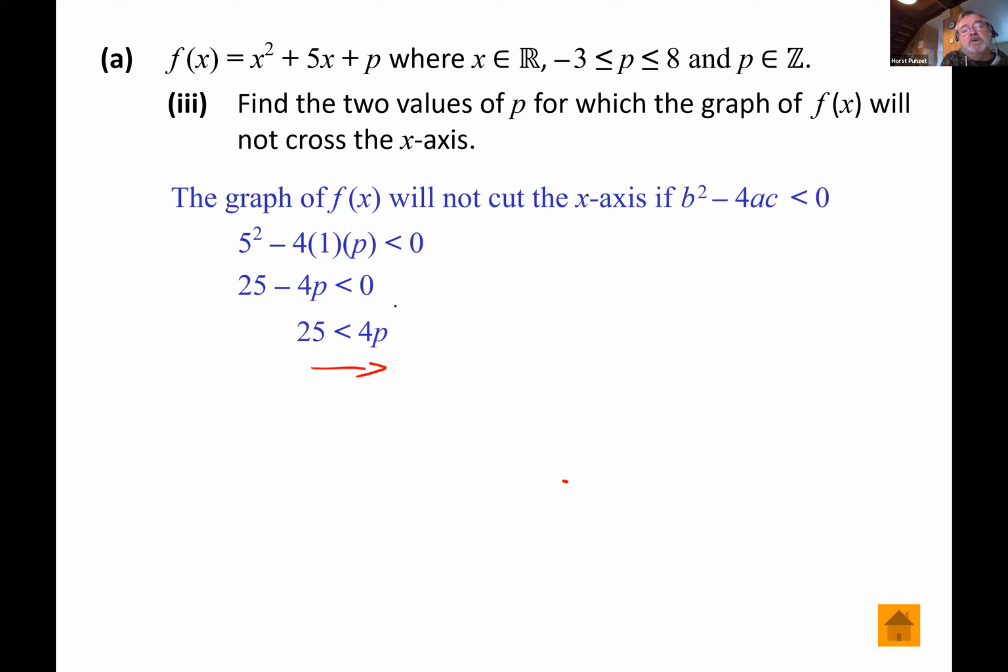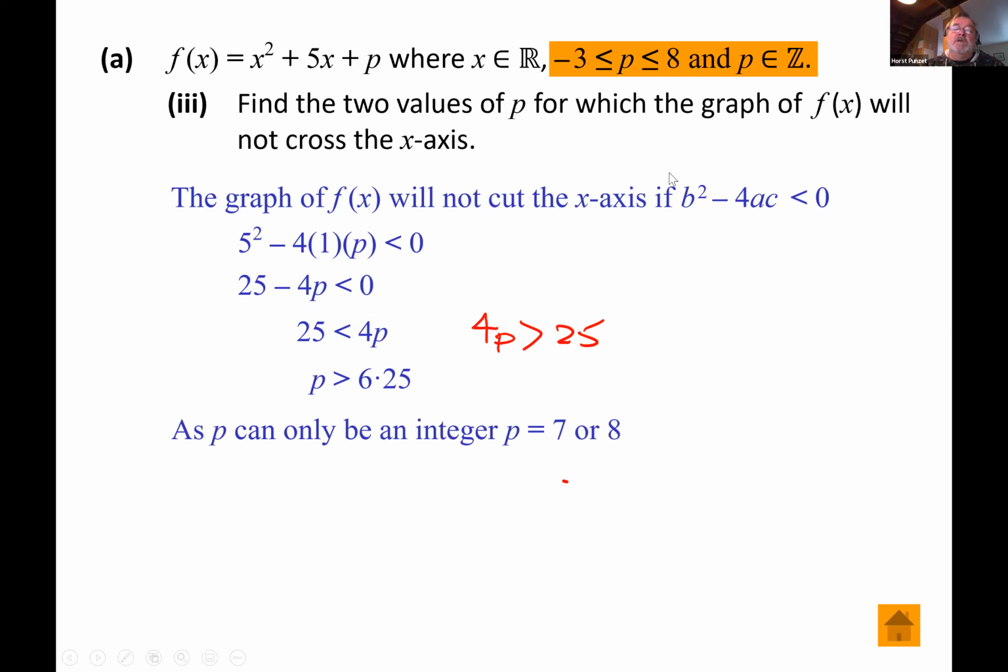So 4p is greater than 25, which gives us that p is greater than 6 1/4, or 6.25. It says here that p can be between -3 and 8, so p in this case can be 7 or 8, the two possible values.